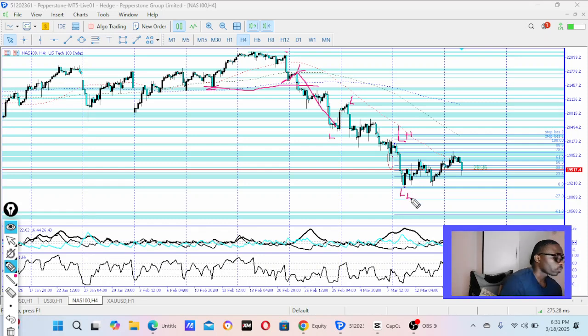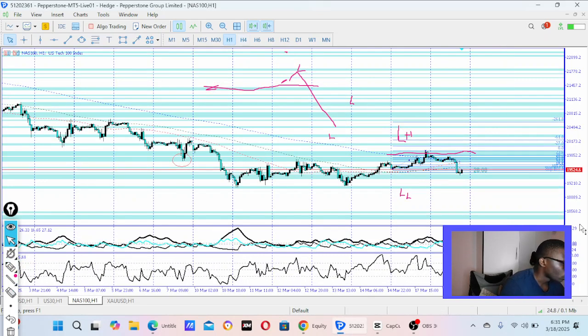From the video that I did prior to this one, I was looking for a continuation of this downtrend. I said I was looking to sell Nasdaq when it gets to this area. So I'm going to get to H1 and show you something real quick.